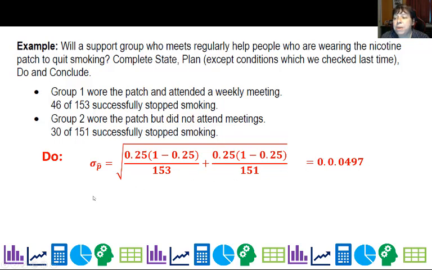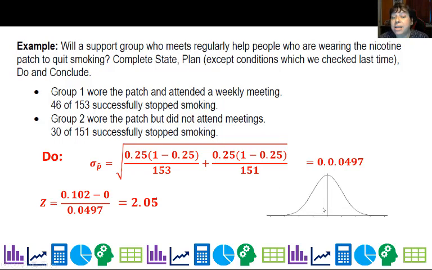Now, remember, it might be tempting to put the 0.25 in for the z-score, but remember, that's P1 minus P2, and we're comparing that to 0 and then dividing by the standard deviation. I get a z-score of 2.05, which means, again, I strongly recommend drawing your normal. 2.05 is somewhere around here, and so that's the area I'm looking for, which is normal CDF 2.05 to 1,000.